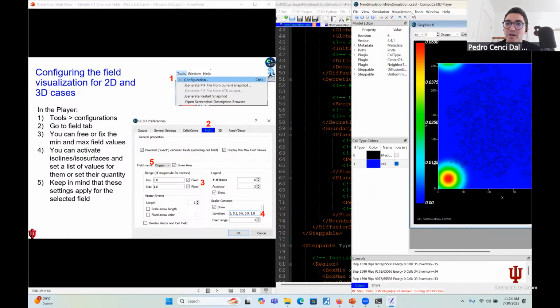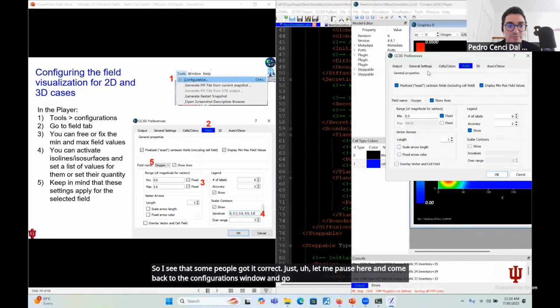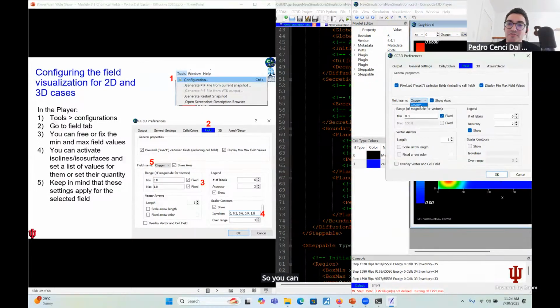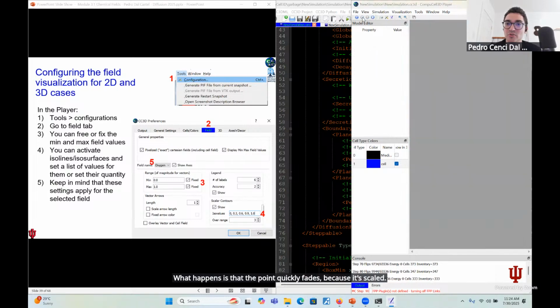Just let me pause here and come back to the configurations window and go through some of the options. So you can select your field to which you apply these settings. And the settings are fixing or unfixing the minimum and maximum. So if I fix the maximum to 100, what happens is that the point quickly fades because it's scaled to 100.